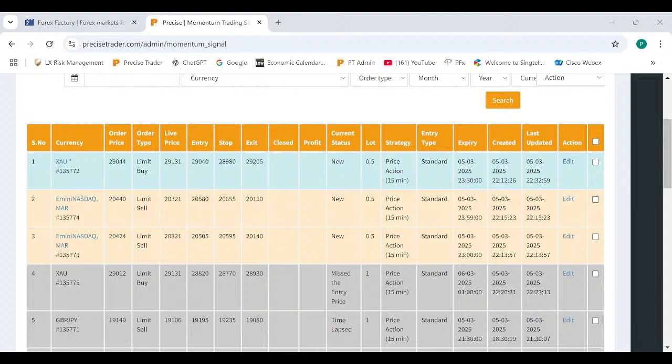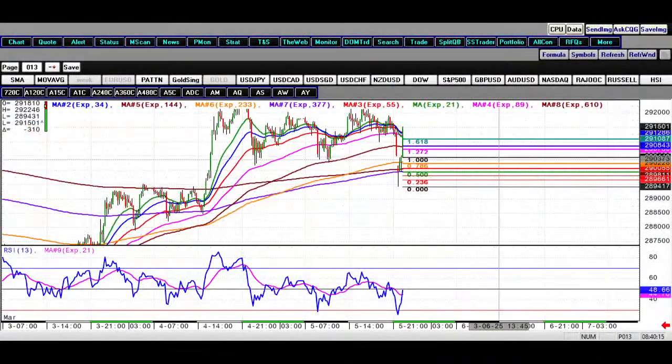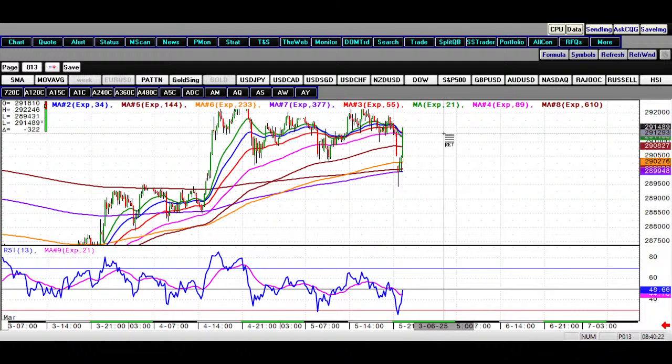Let me see. It is moving beyond 15. This is already moving beyond 15. So as I told you today, we are expecting this market to be quite bullish.